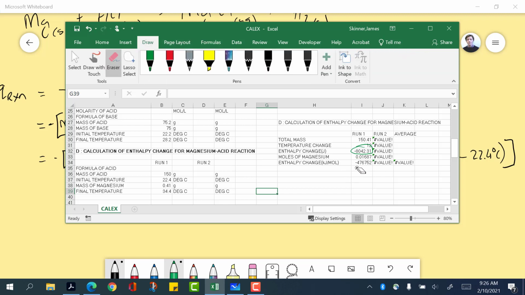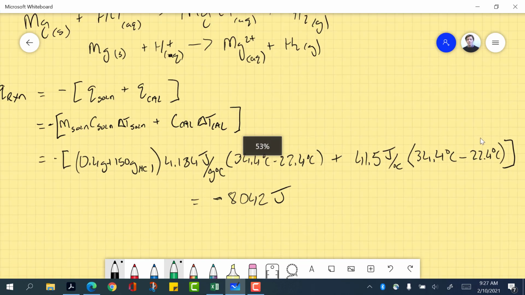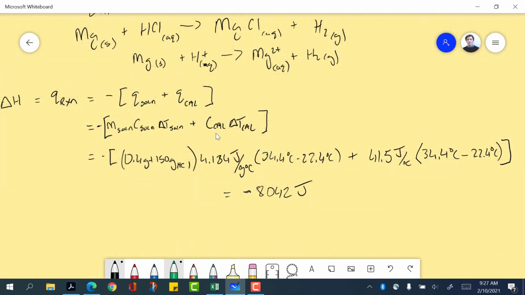So there's our enthalpy change in joules, and that's minus 8,042 joules right there. So that's our heat of reaction, and it's exothermic, of course, because of the sign showing that we're giving off heat. If it was endothermic, it would be a positive sign. So that's our joules for the metal acid reaction.